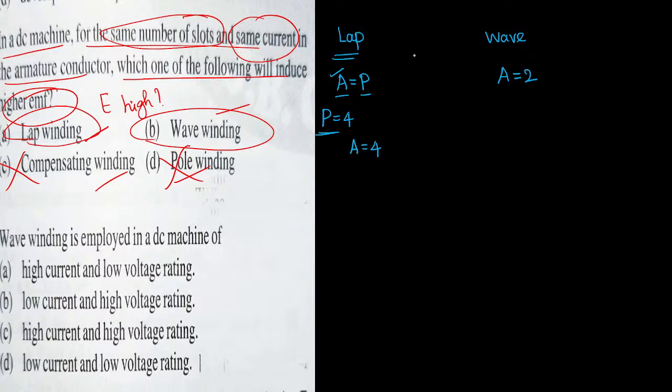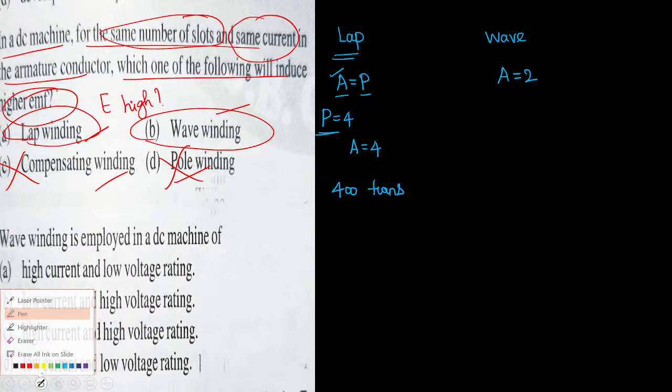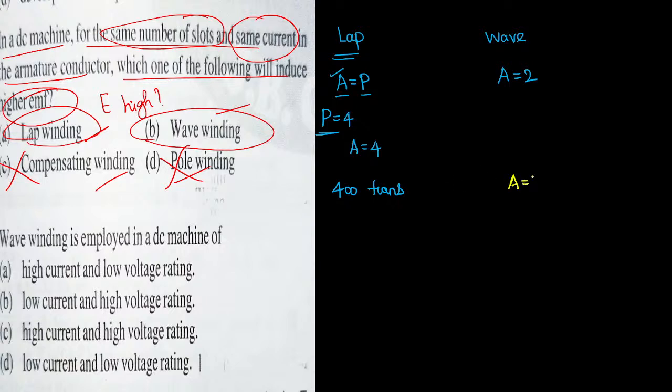The conclusion is, let us take that I'm having 400 coil turns. In the case of wave winding, these 400 turns will be broken into two, because here we have only 2 parallel paths. So 200 turns in the first line, 200 turns in the second line.